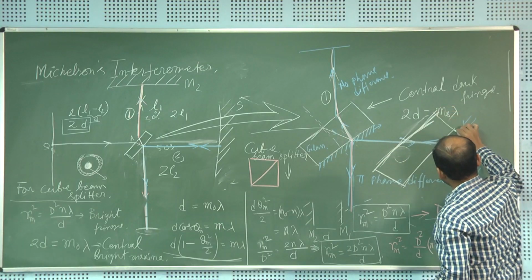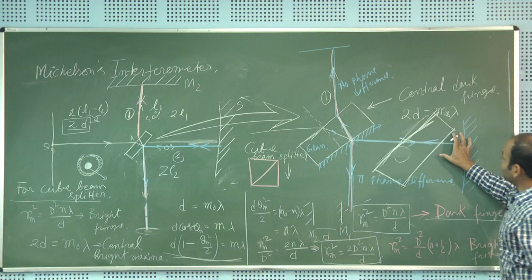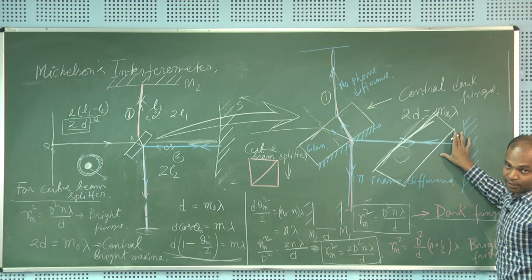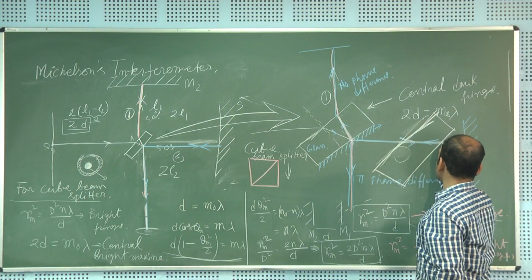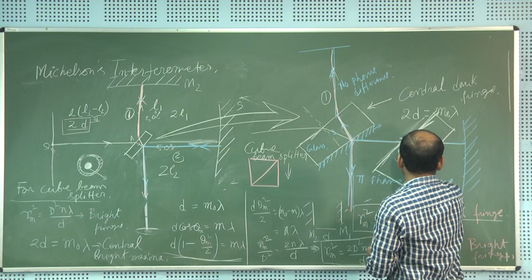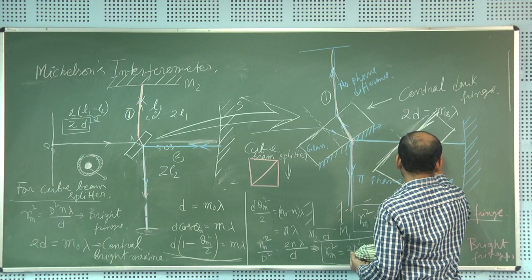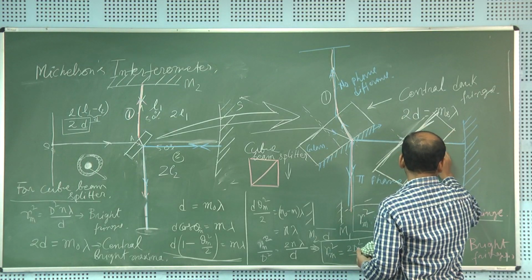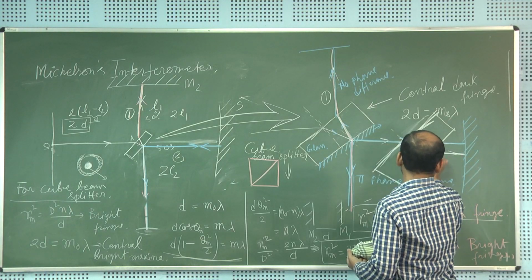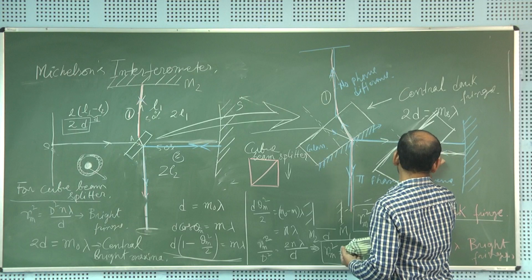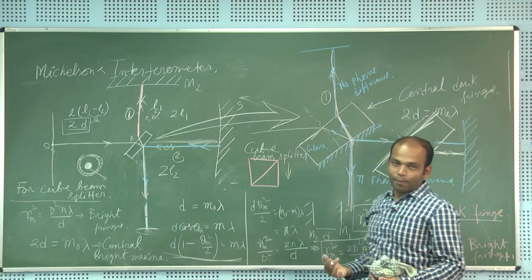If I put another beam splitter here at the same angle of 45 degrees, but this part is not a half silvered mirror, then this path will also travel the same kind of path, and these two paths will then get compensated.